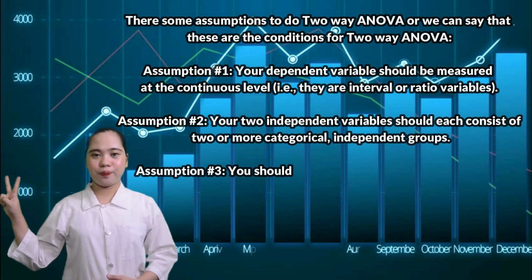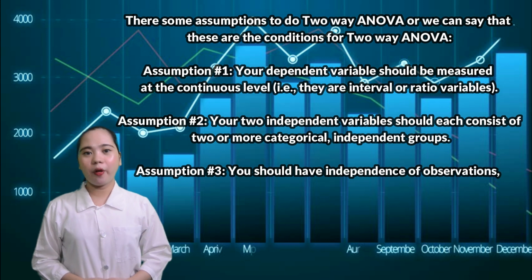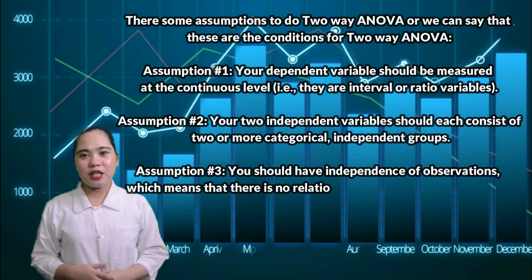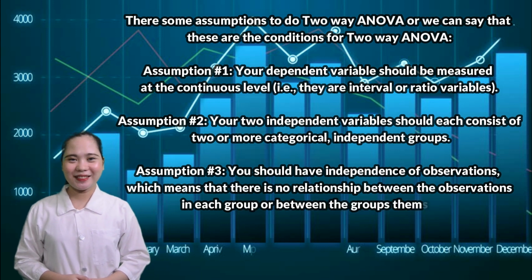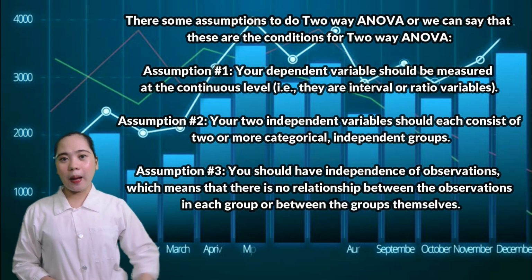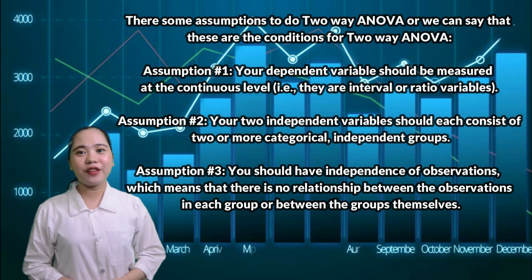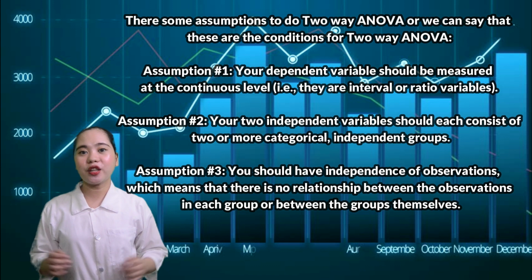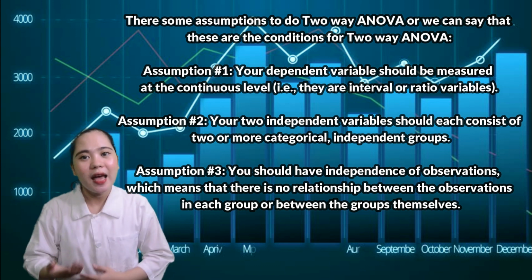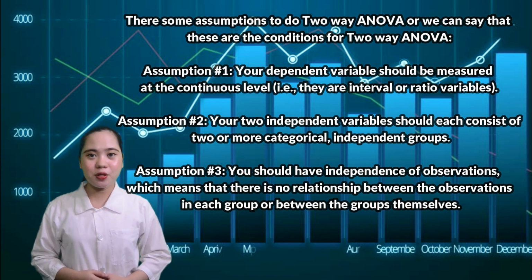Assumption number 2: your two independent variables should each consist of two or more categorical, independent groups. Assumption number 3: you should have independence of observations, which means that there is no relationship between the observations in each group or between the groups themselves.